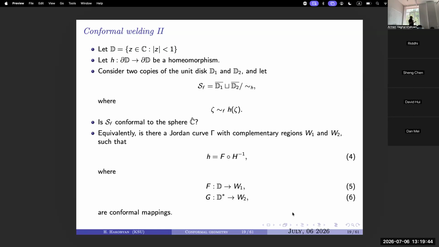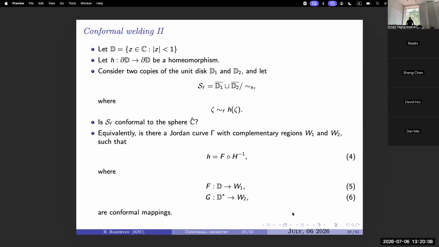Who's talking about log singular functions? Someone's talking, yeah, exactly. So there are the log singular functions of Bishop which produce weldings. So those are sufficient conditions. Quasi-symmetries produce quasi-circles. Is there a conjecture? No, even that's not there.